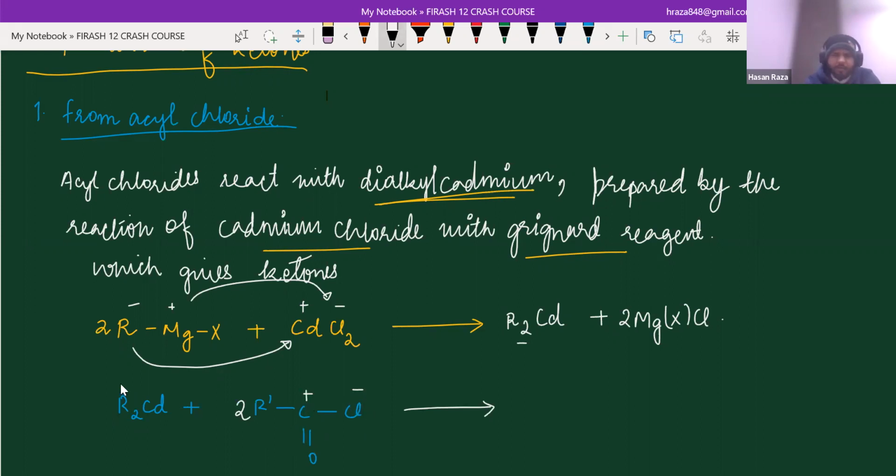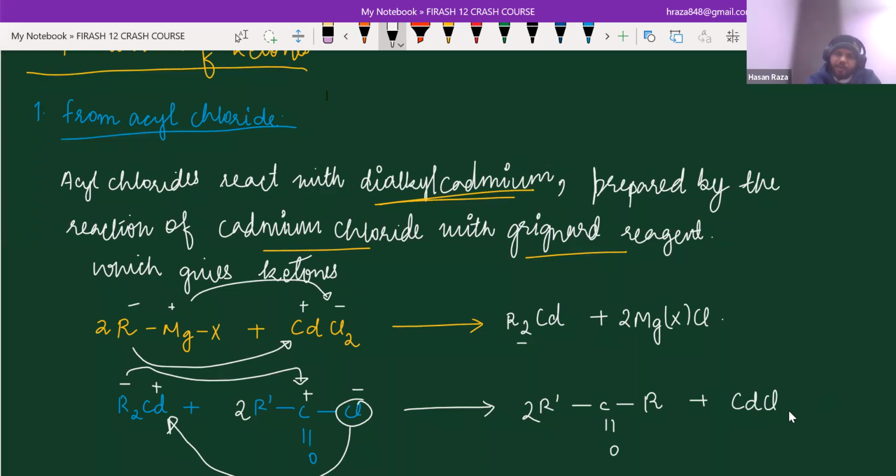This will have negative, this will have positive, this will have negative, this will have positive, and this will attack on this. So it will become R-C double bond O, and this R will come here. And you can see chlorine, the negative, will go to this, and it will become CdCl.